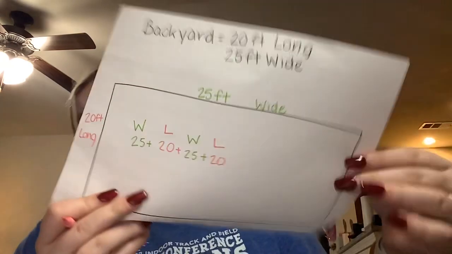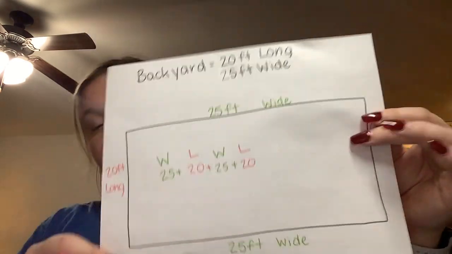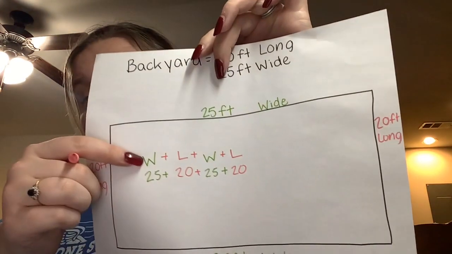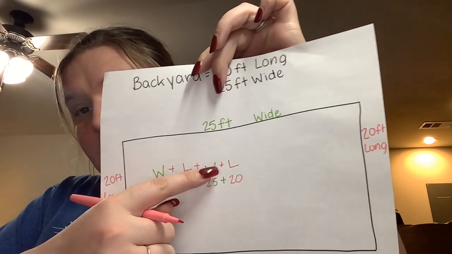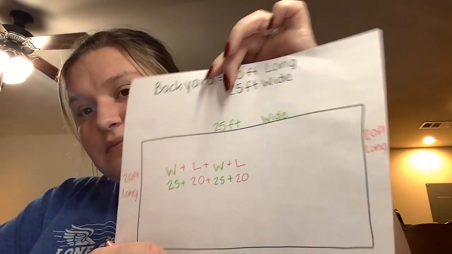And we're going to put an L on top of the pink because that is our length. So I'm going to add my plus signs too. So we got width plus length plus width plus length. Okay?